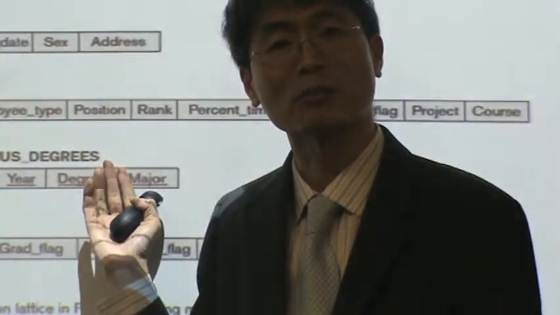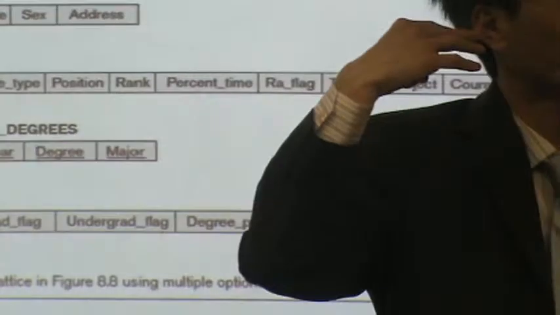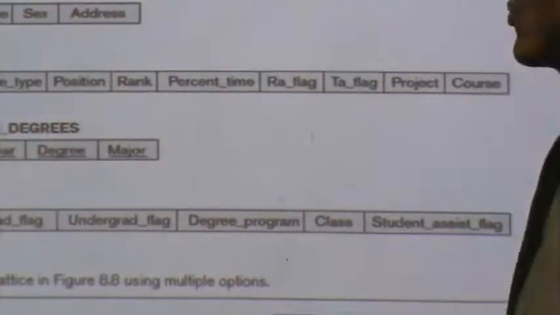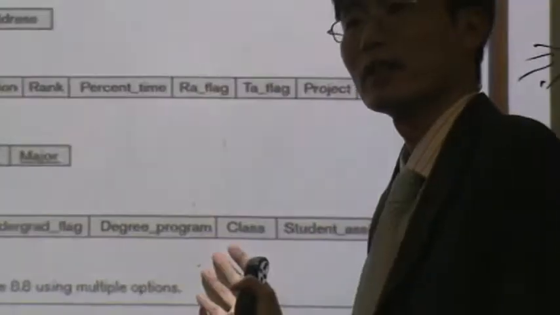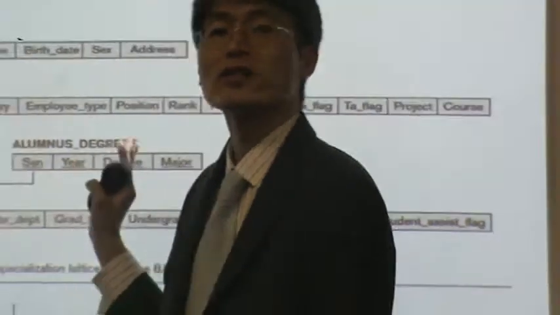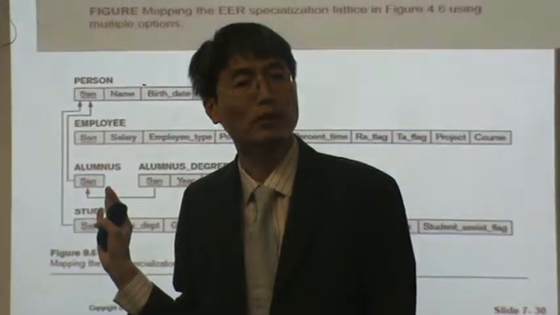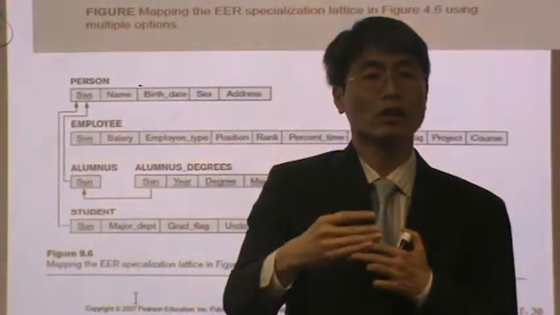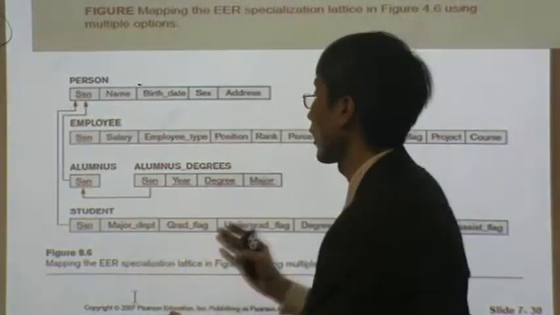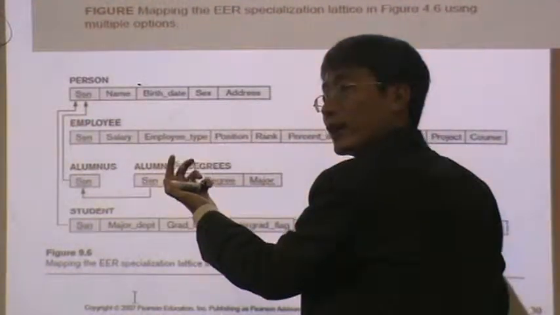That may be possible. We will see why later. However, you should be able to understand how we can get this one because of the process. Then later, sometimes you can go back and change the option depending on the situation. If you need better performance, then you can combine or you can separate.